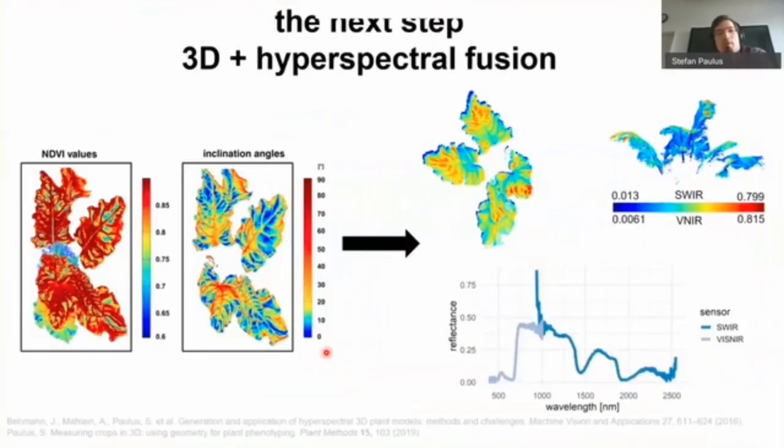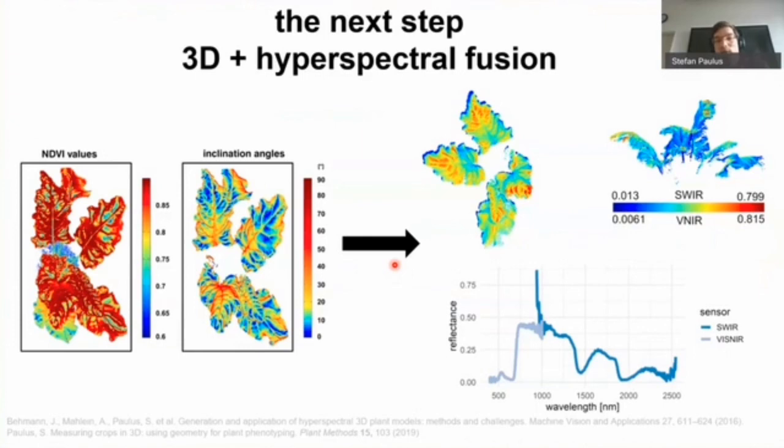So what is the next step? The next step is shown here. On the left side, you see the NDVI values of a sugar beet. And you see that we have some highlights here, especially where we have a big inclination, and this is shown here. The inclination of this sugar beet is very similar to the NDVI image. What I want to show you here is that we have a big correlation between the NDVI and the inclination map.